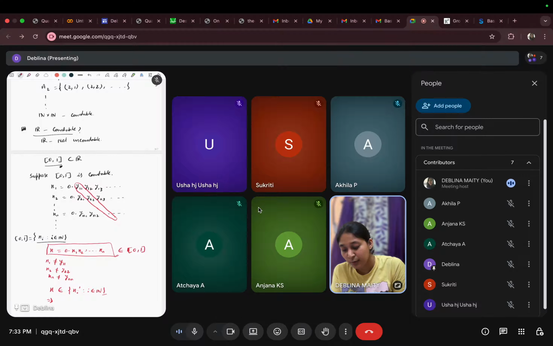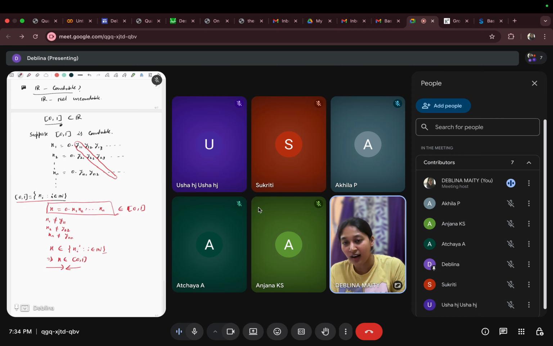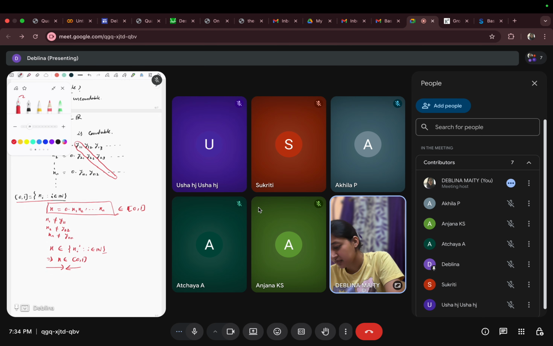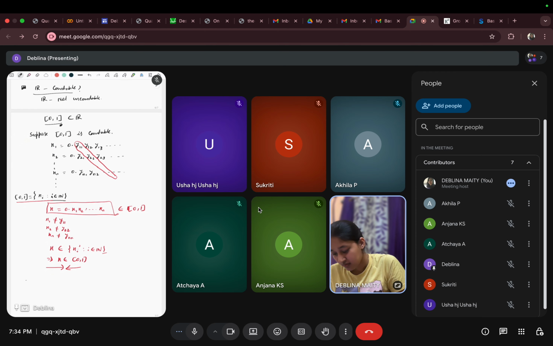There is no xi which is x. But (0,1) is all these xi's, since we took it to be countable. So there is a contradiction. This means (0,1) is not countable, so R is uncountable.